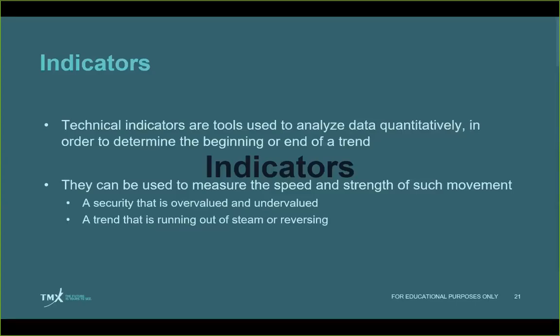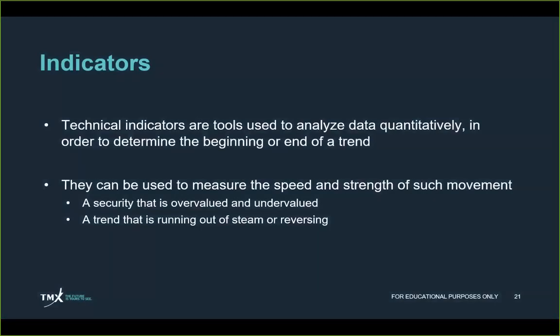Now, indicators are really an interesting tool to be used as well, because everything up until this point we've been talking about applying to the actual price chart itself, right? So we're looking at trend lines, moving averages, support resistance levels.